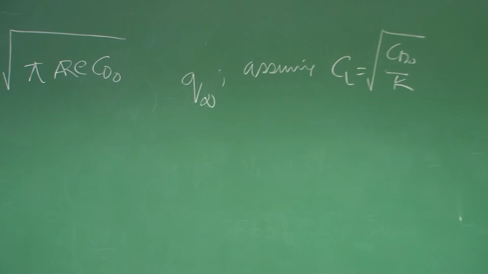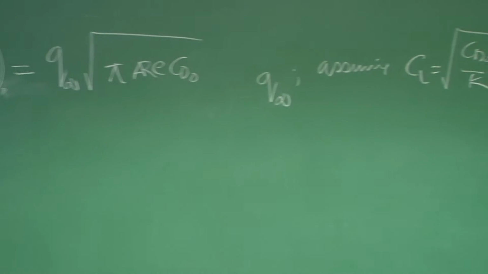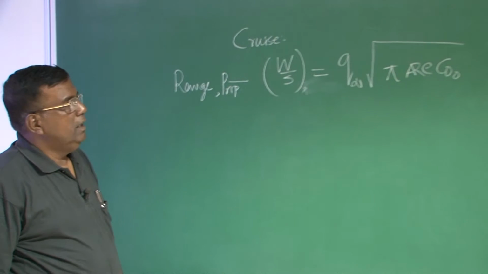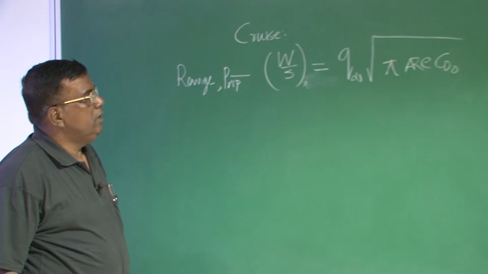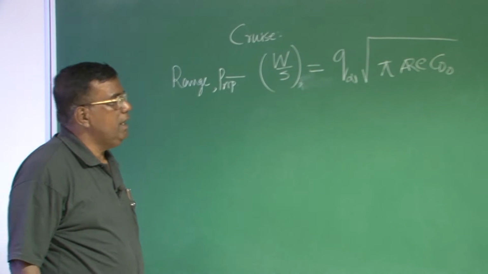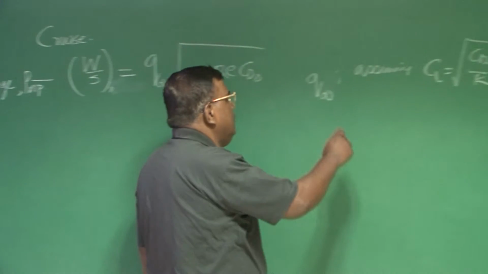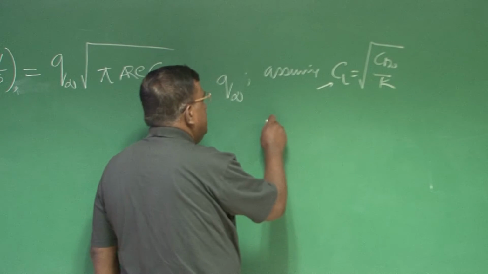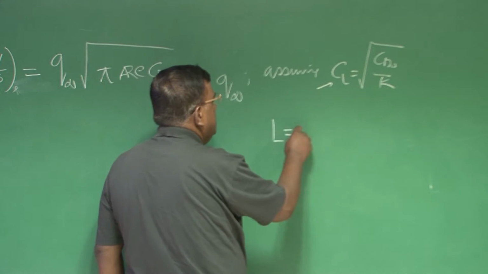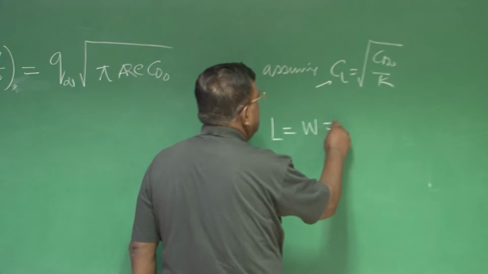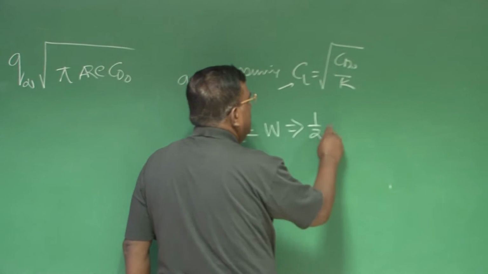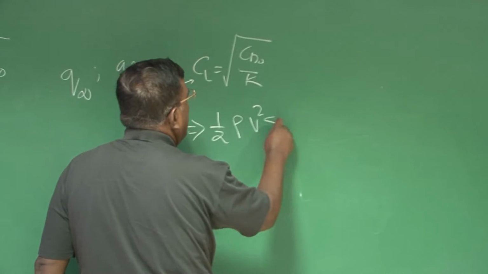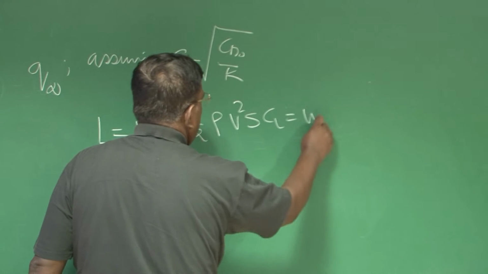For maximizing range for a propeller driven airplane, CL by CD is to be maximum, which tells me CL equal to under root CD naught by K. So if you are really flying with that CL, at cruise lift should be equal to weight. That means half rho V squared S CL should be equal to weight.